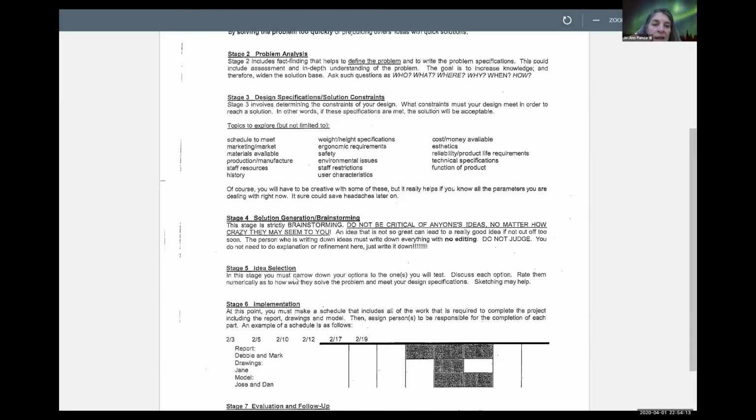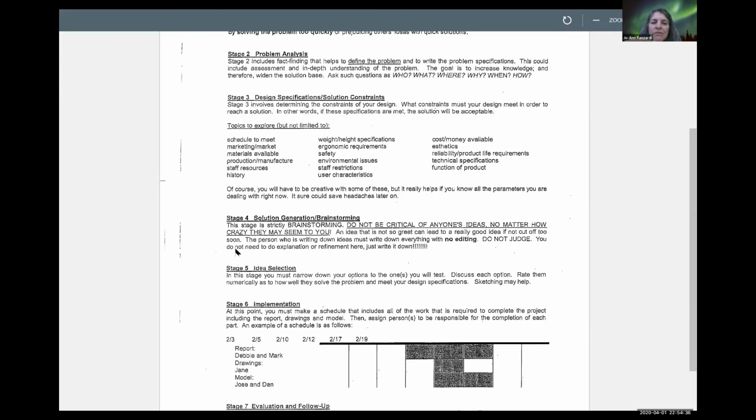For idea selection, you could imagine, let's say in brainstorming, you came up with 20 ideas. Well, those 20 ideas, you want to rate them on whether they solve the problem and do they meet the design specs. And we do that in a table, and I'll show you an example of a table.